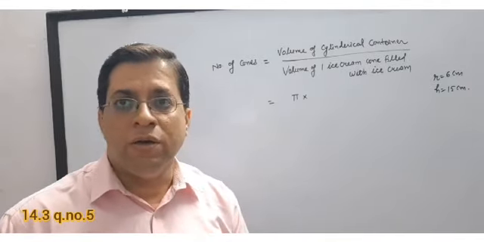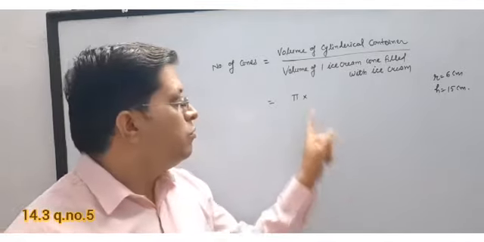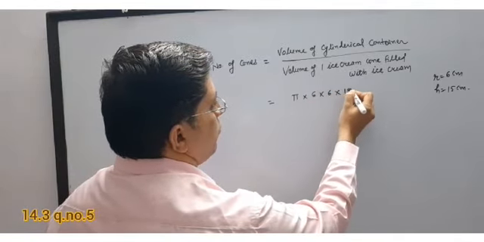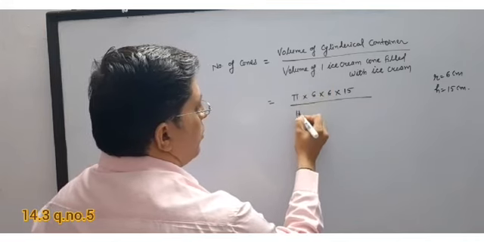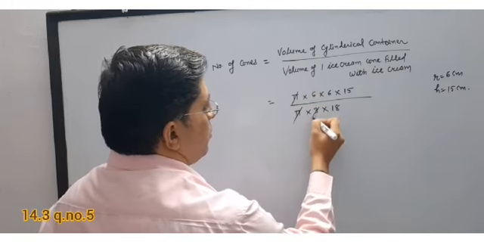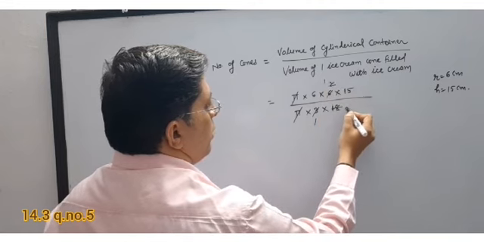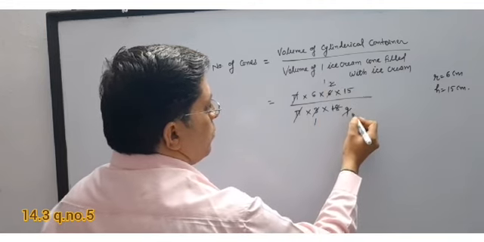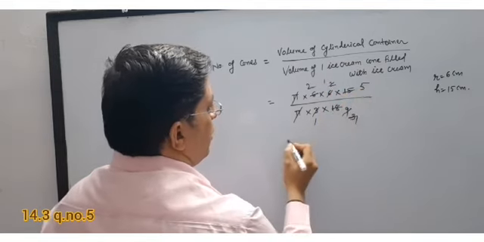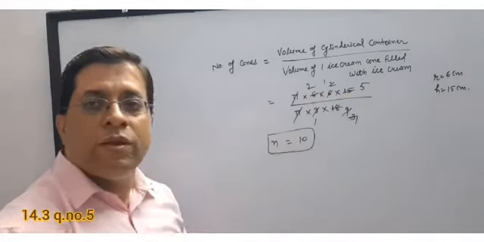Volume of cylinder is pi r square h, so pi, r square means 6 into 6, h is 15. Pi and pi cut. 3 ones are 3, 3 twos are 6. 2 ones are 2, 2 nines are 18. 3 threes are 9, 3 twos are 6. 3 fives are 15, so 5 twos are 10. Number of cones is 10. 10 is your answer.